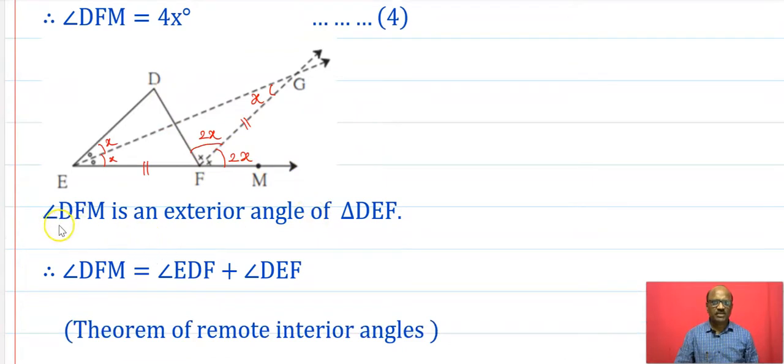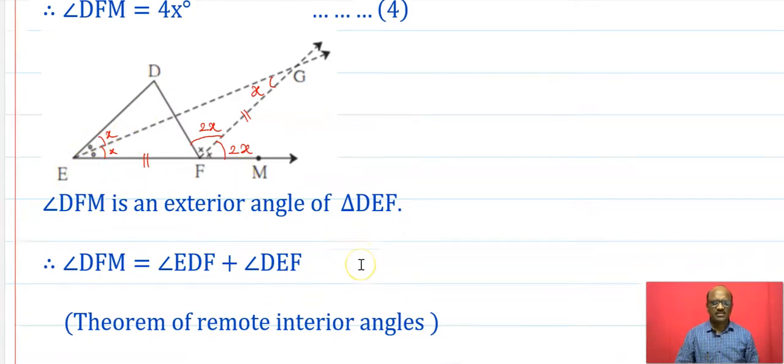Now, the measure of angle DFM is an exterior angle of triangle DEF. The measure of angle DFM is equal to the measure of angle EDF plus the measure of angle DEF.